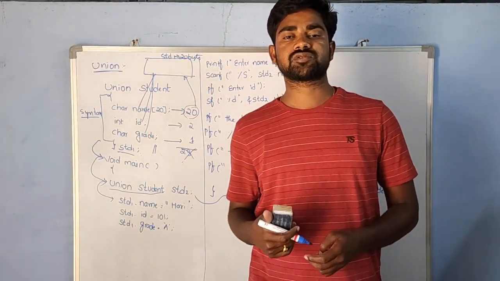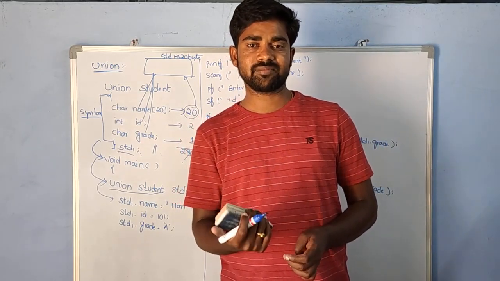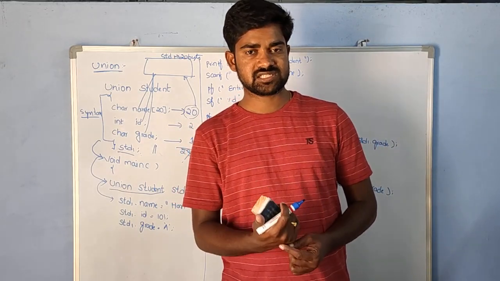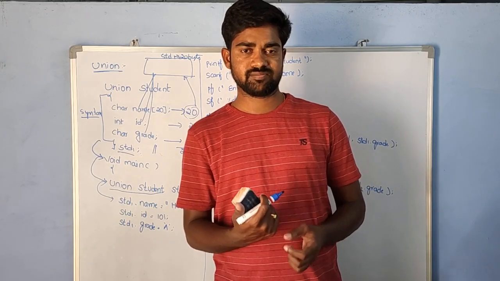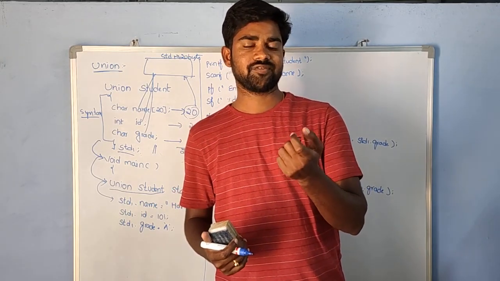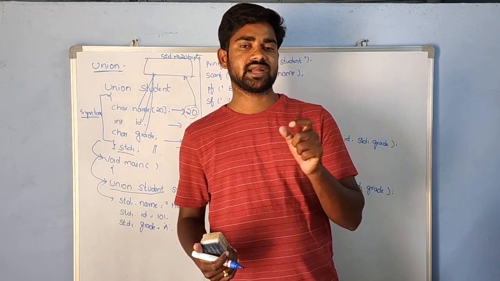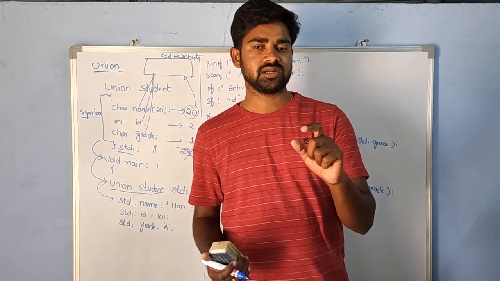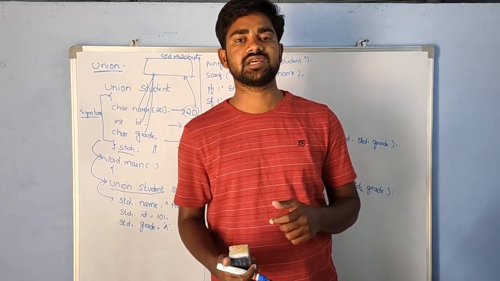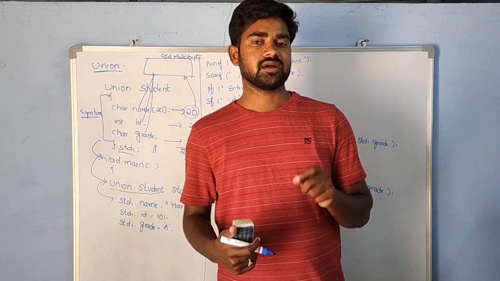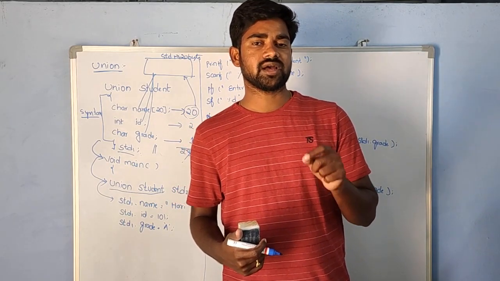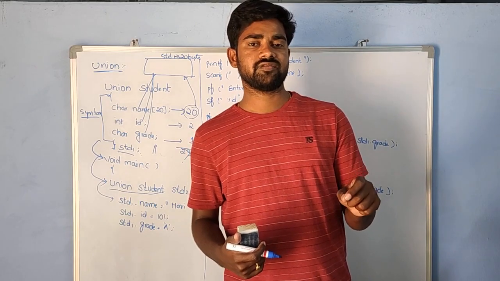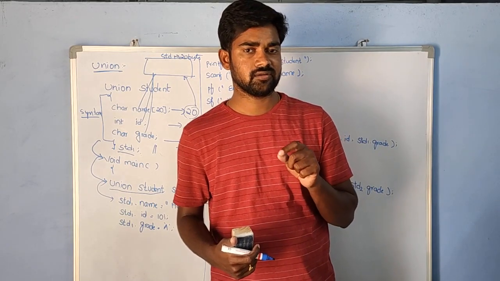The dot operator is used to assign or access the data members of structure, union, and files. If you want to access the data, print it, or store data in the structure, union or files, we need to use the dot operator. Dot operator is used to access the data members of union, structure, and file.